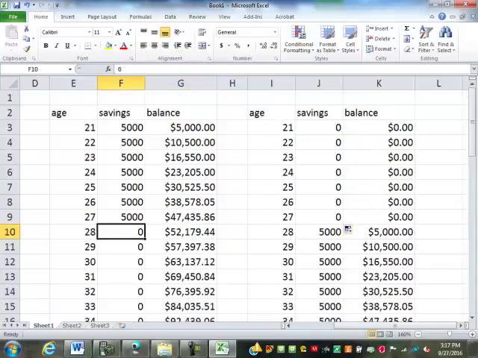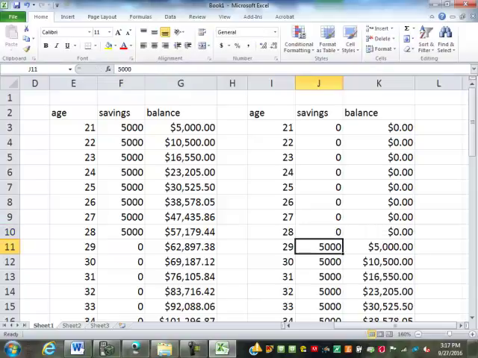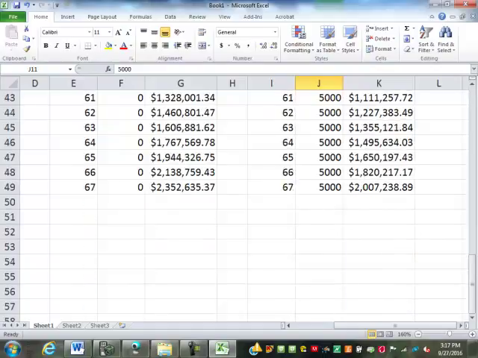If I go one more year here, I'll start one year later here. So this person saved for 8 years, from 21 to 28. This person started at 29 and saved for almost 40 years, 38 years to 67. That first 8 years is worth more than the next 38 years.